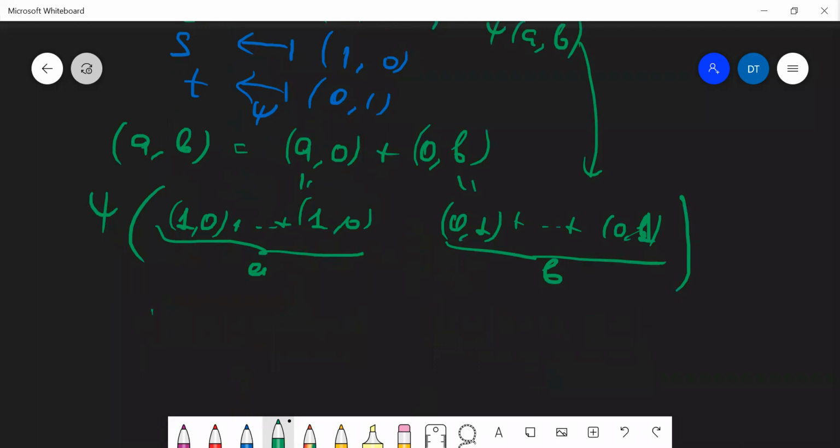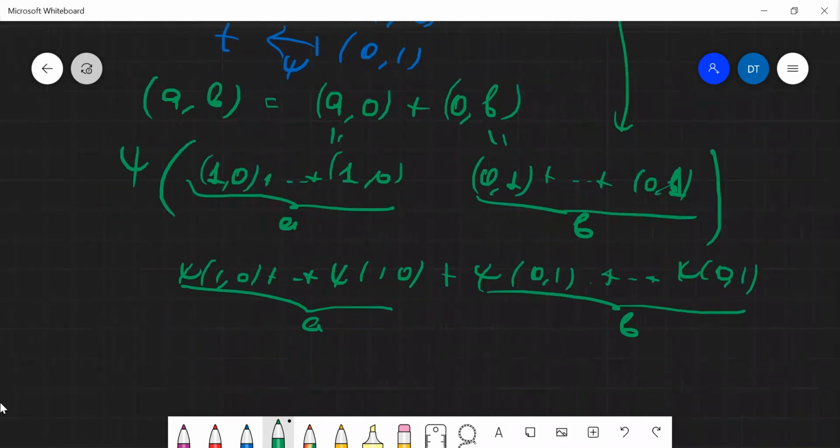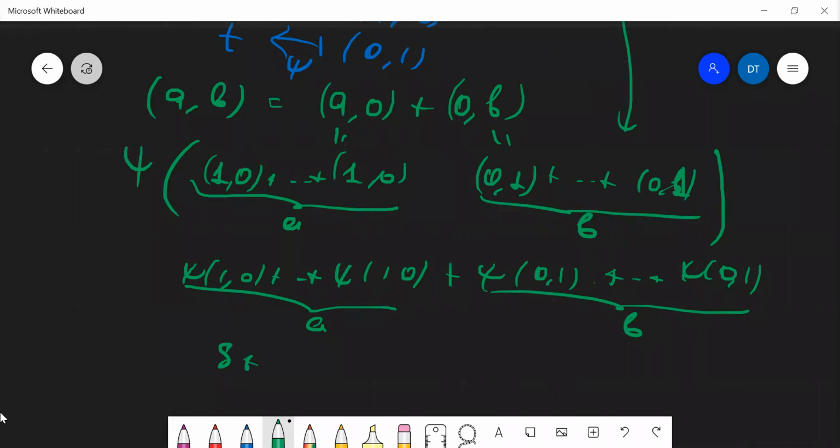This is the same as psi of (1, 0) a times, plus psi of (0, 1) b times. But you see, psi takes (1, 0) to S and (0, 1) to T. So here it's written S plus S plus S, a times, plus T plus T plus T, b times. So this is aS plus bT.